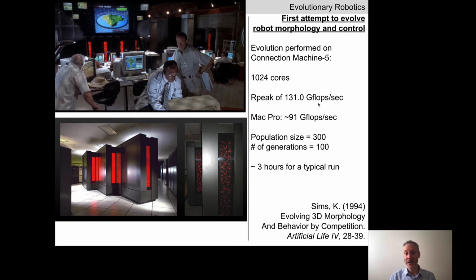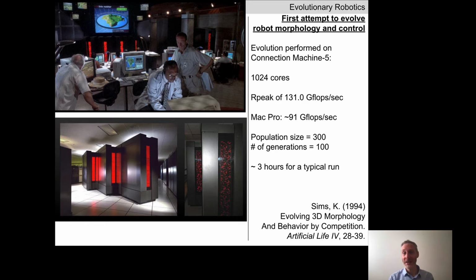Back in 94, it had a peak of 131 gigaflops, or billion floating point operations per second. The Mac Pro from 2 years ago had an RPeak of slightly less than that. So despite the fact that it sort of filled up half a room, it was a pretty big machine, it was very powerful even by today's standards.